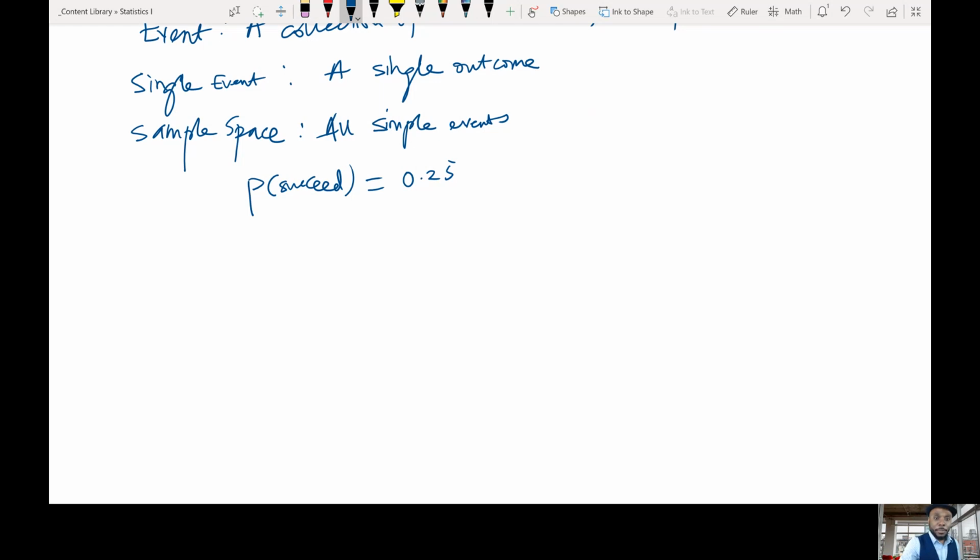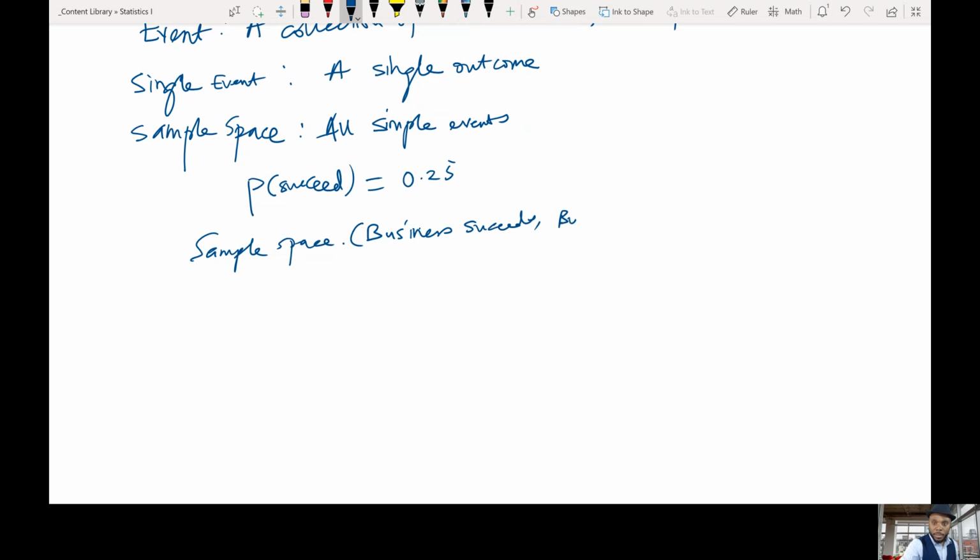Now, what is the sample space? Let me not use SS for sample space because it means something else. So the sample space is basically that the business succeeds or the business fails.